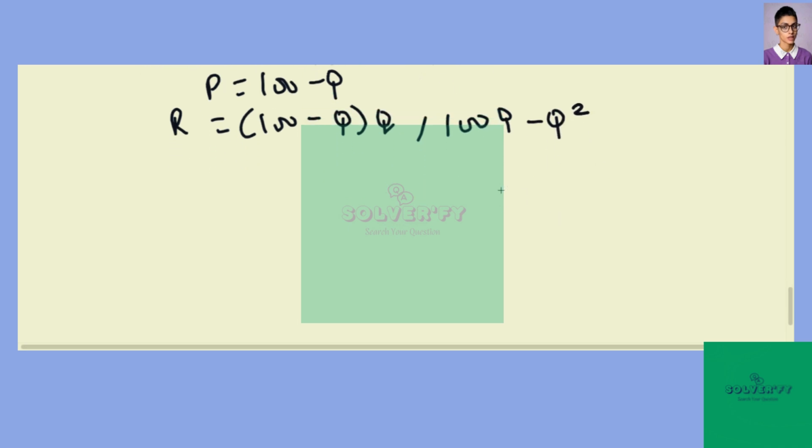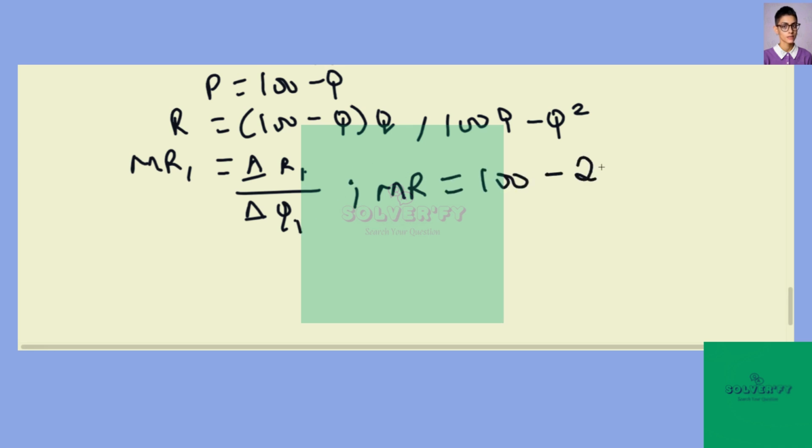So the marginal revenue again is just the incremental revenue resulting from an incremental change in output. So marginal revenue 1 is equal to the change in revenue 1 divided by the change in quantity 1. And then marginal revenue is equal to 100 minus 2Q.